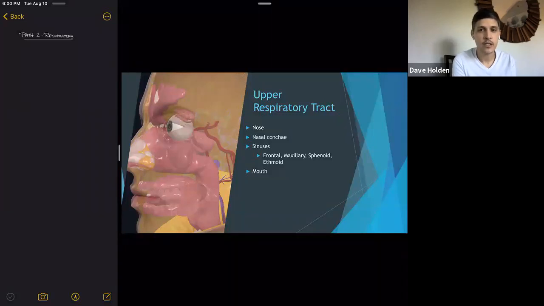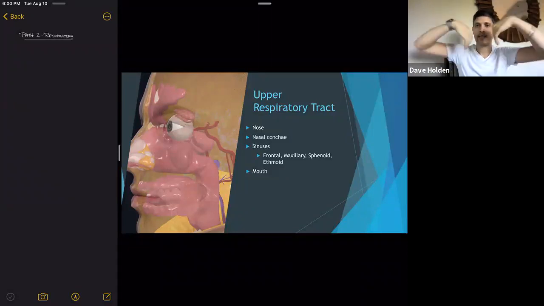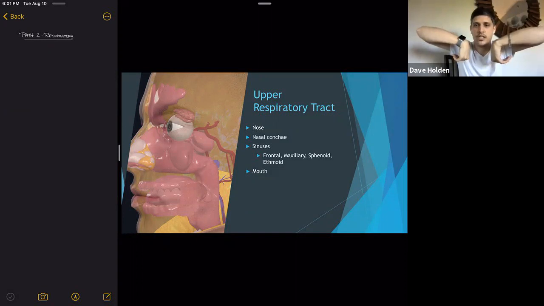Are you guys familiar with the nasal conchae? Anybody unfamiliar with the nasal conchae? Raise your hand. All right, nasal conchae are bones that sit inside the nose, and they have little projections that stick out into the nasal canal with these kind of like spiral shaped projections.